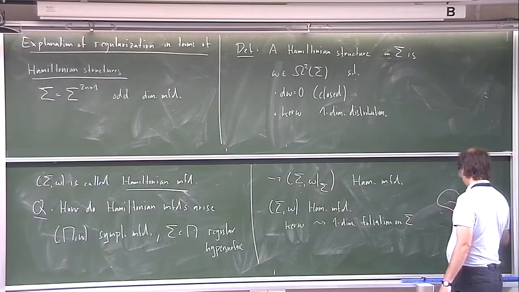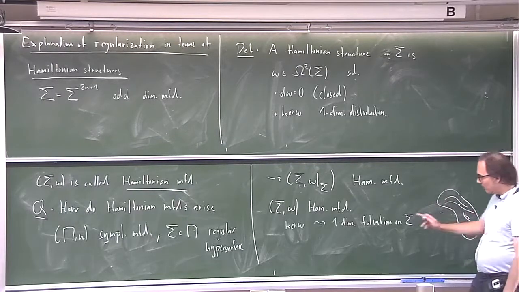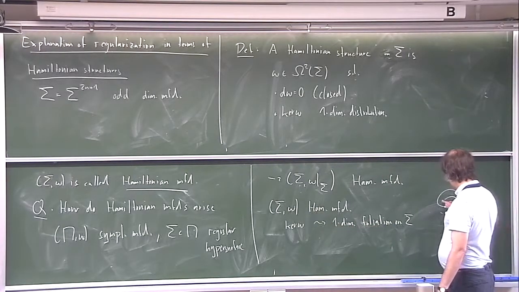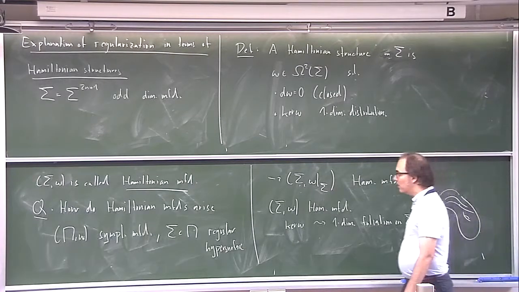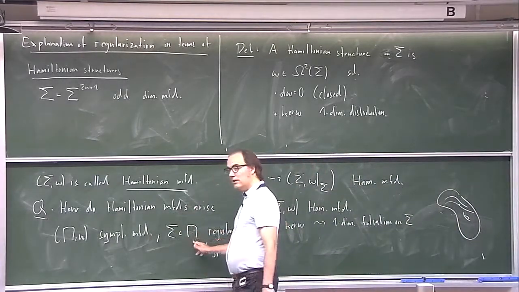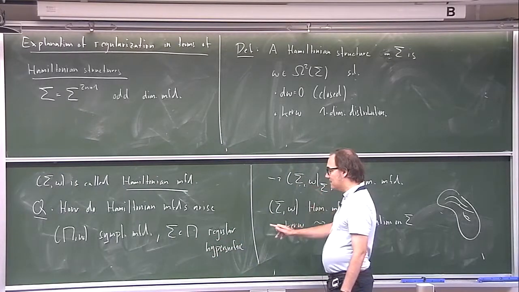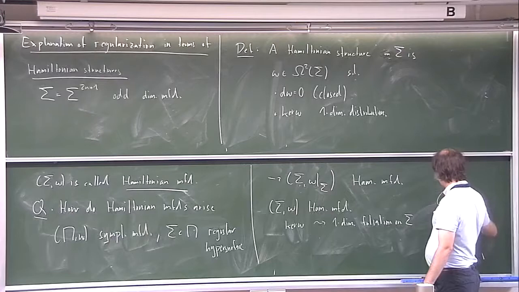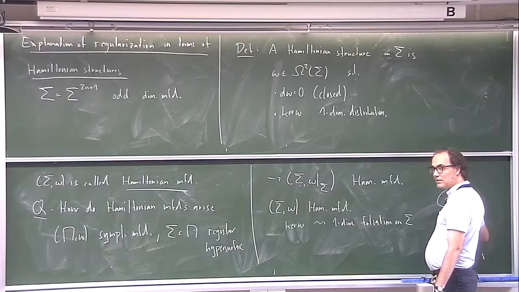Through each point we have a leaf given by the kernel of omega, and these leaves correspond to the trajectories. If you have a Hamiltonian here, then the Hamiltonian vector field just spans this kernel of omega. So these leaves are the trajectories of your Hamiltonian vector field, but we don't care about parametrization.